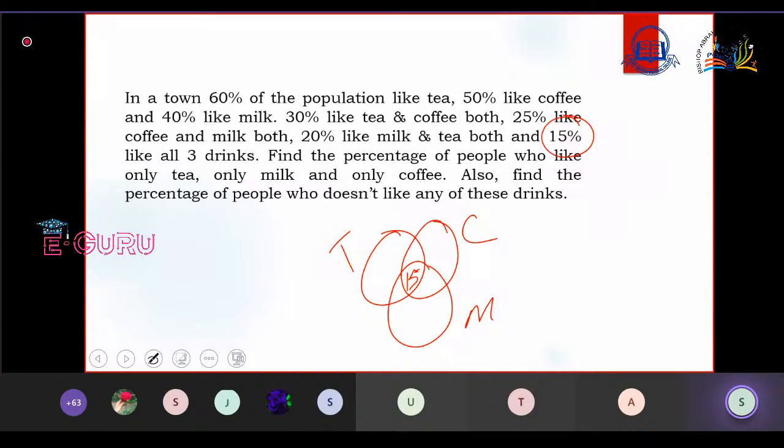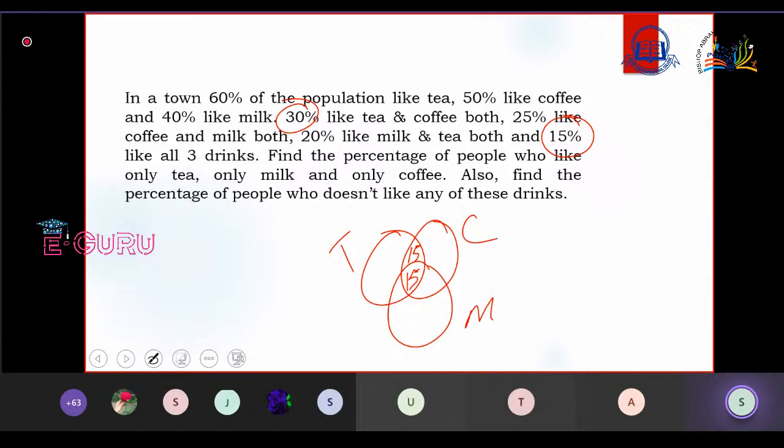Now, we need to fill up two combinations, right? Milk plus coffee, milk plus tea, and tea plus coffee. So, it is given that 30% like tea and coffee both. But out of that 30%, 15 is already here, so another 15 will come here.